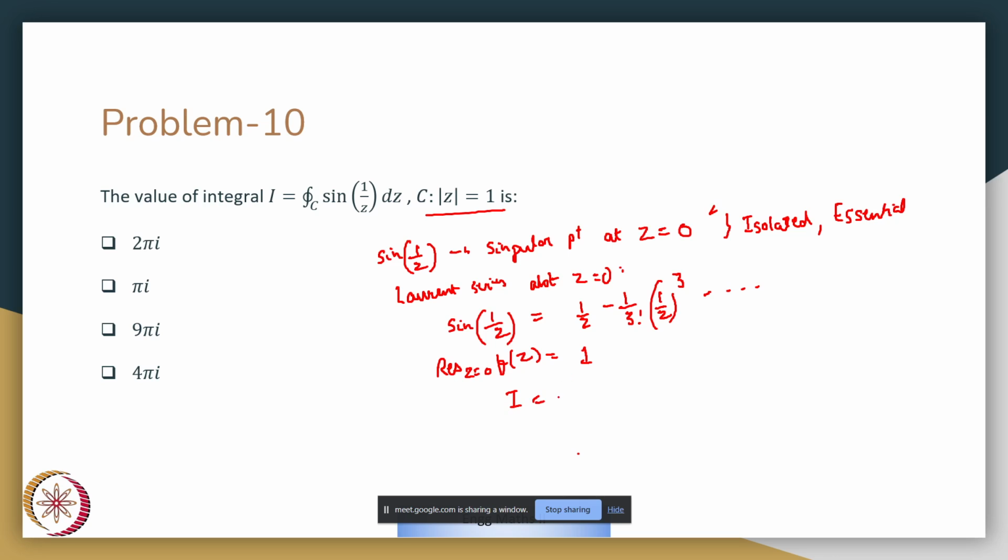Therefore, my integral value is 2 pi i. By the residue theorem, it is the summation of the residues of the singular points which lie inside our curve C, times 2 pi i. So which is nothing but option A.